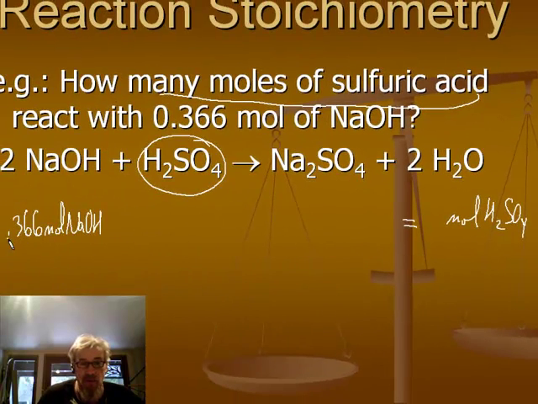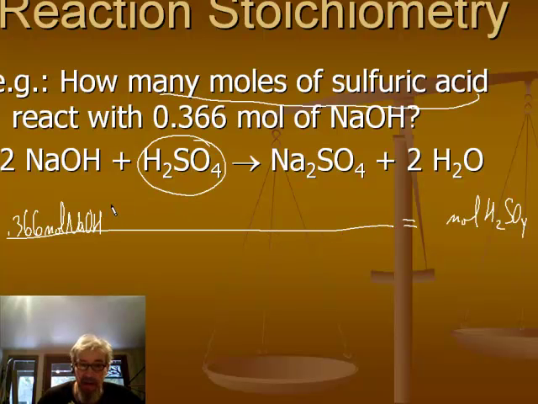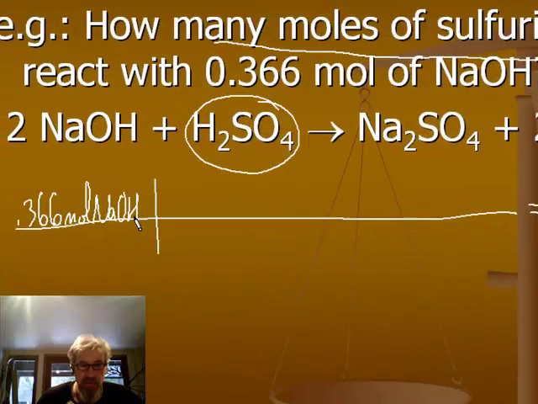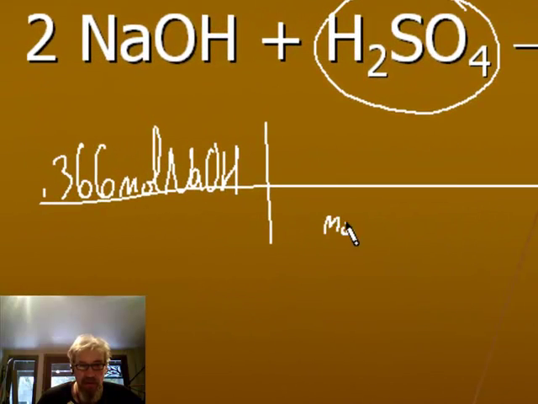Now here's what I'm going to do. Like in all factor label or dimensional analysis problems, I'm going to continue to multiply by things that I know are equal to each other, divided by each other. In other words, I'm going to multiply by 1 creatively so that I change my units. Well, a stoichiometric equivalency is my next step here. I want moles of NaOH to disappear. I want them to cancel out because I don't want that in my answer.